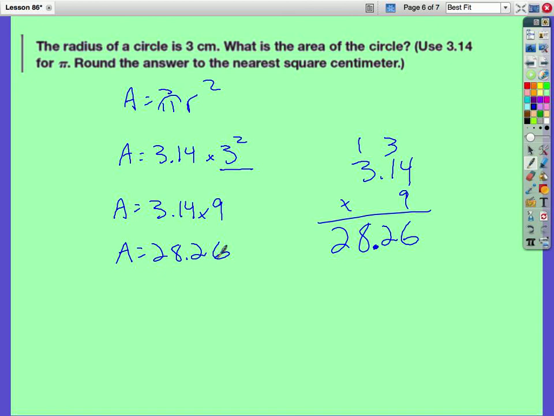Now it says to round to the nearest square centimeter. So if we round this, that's going to go down, so it's going to be 28 centimeters squared. So all we're doing is area equals pi times the radius squared.